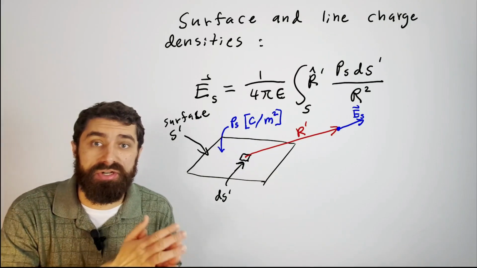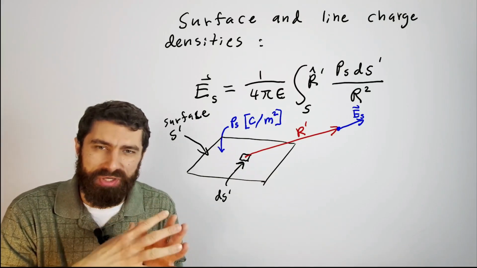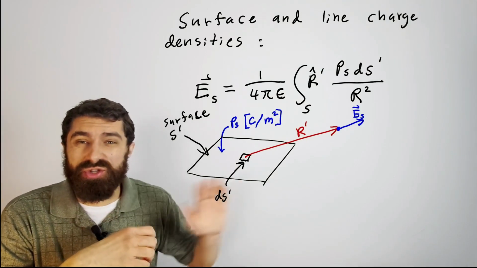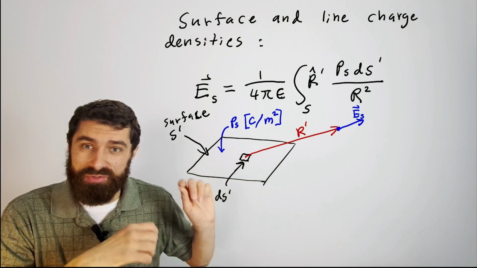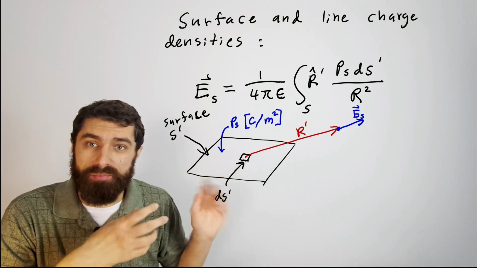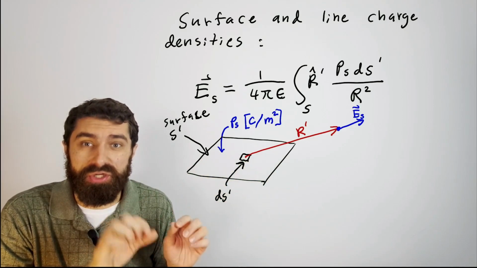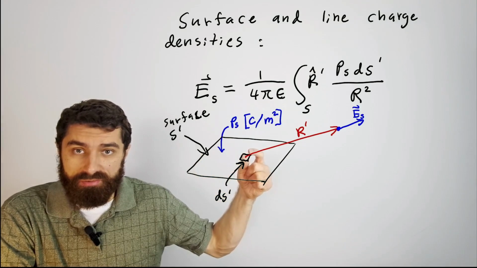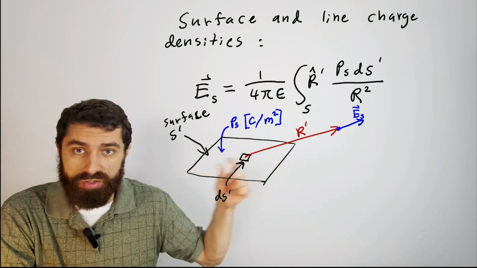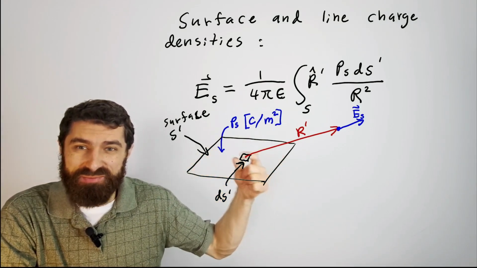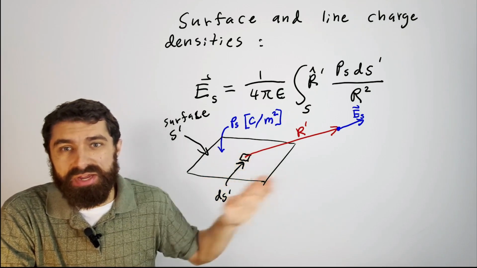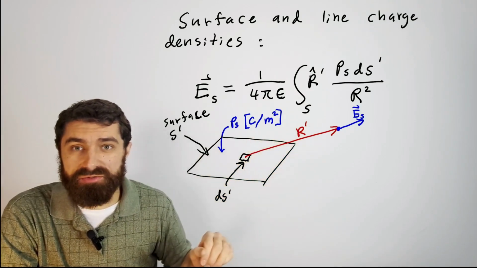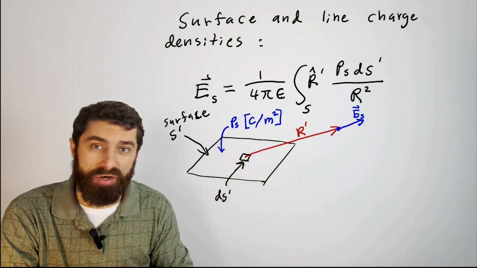In addition to volumetric charge densities, sometimes in electrostatics we work with surface charge densities. A surface charge would have units of coulombs per meter squared instead of coulombs per meter cubed. In a similar manner, you can break up the surface charge into little infinitesimal surfaces, each acting like a point charge, and integrate over that to find the total field from a surface charge.